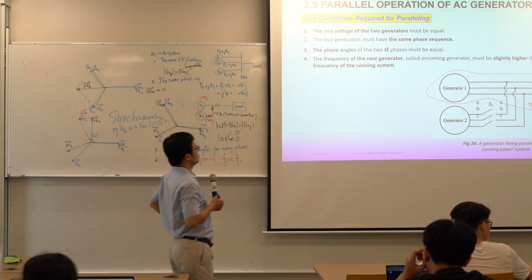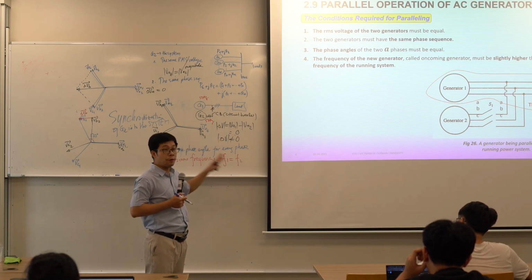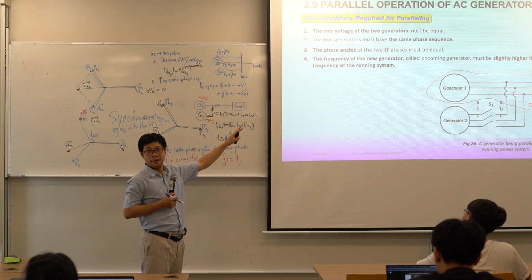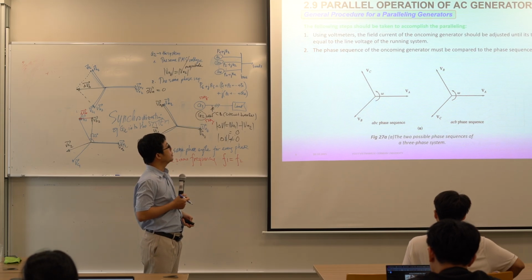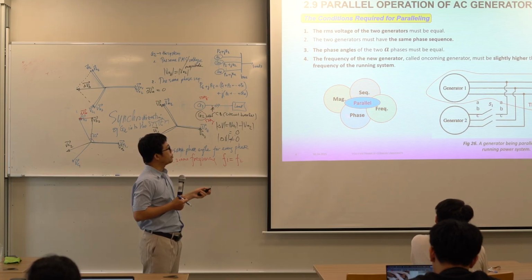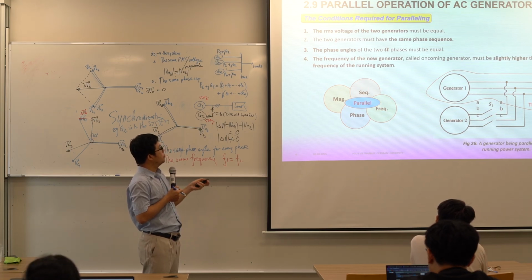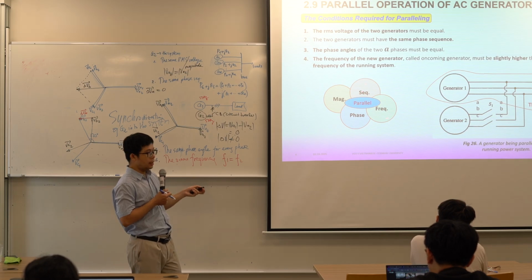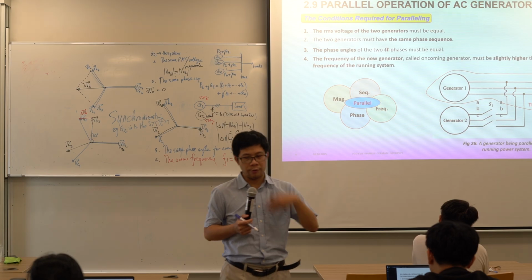Okay? So, how can we know we satisfy all requirements here? Now, this one is just to let you know: to synchronize the generator into the system, we need to measure the same magnitude, phase angle, sequence, and frequency. Okay, you can operate many generators in parallel.